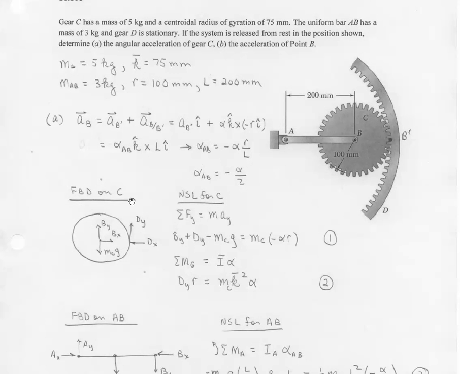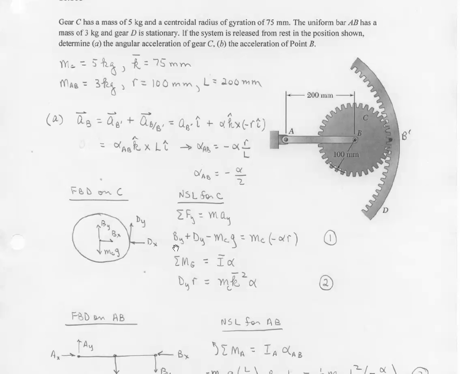Let's look at the free body diagram on C, which is the disk. You have M C g, B X and B Y, and D X and D Y at this point. Doing Newton's second law, the sum of forces in y equals m times a sub y.